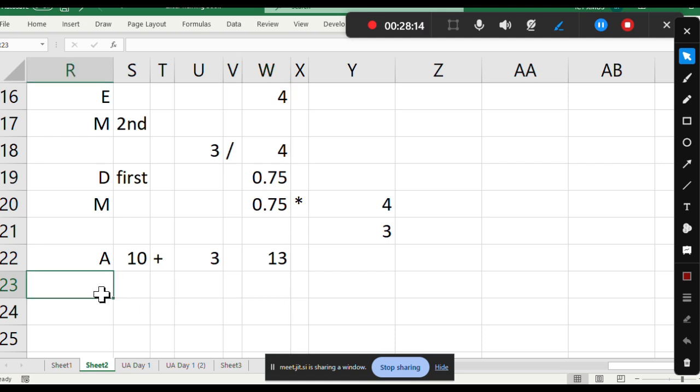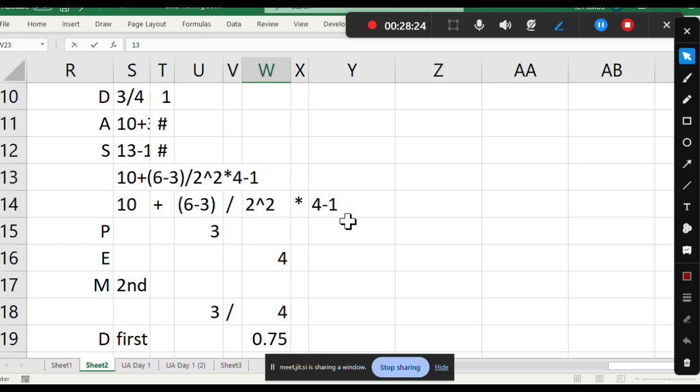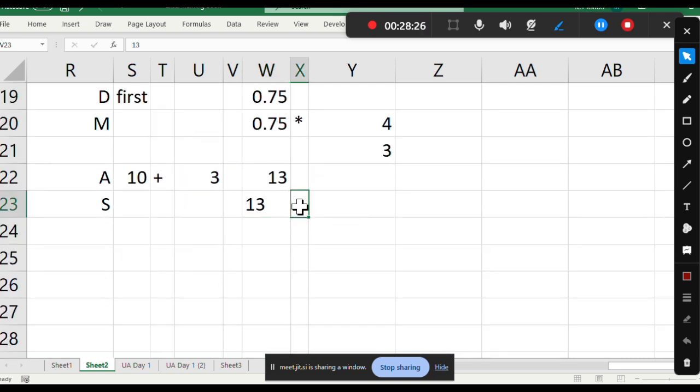Then the last one is the subtraction. So the subtraction will now be this 13. Remember the minus that is here, minus 1. It will now take its own effect.